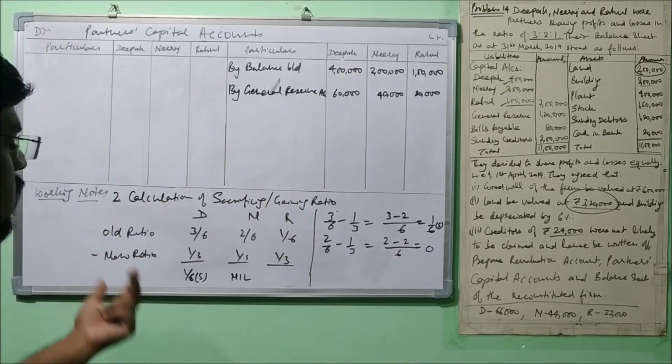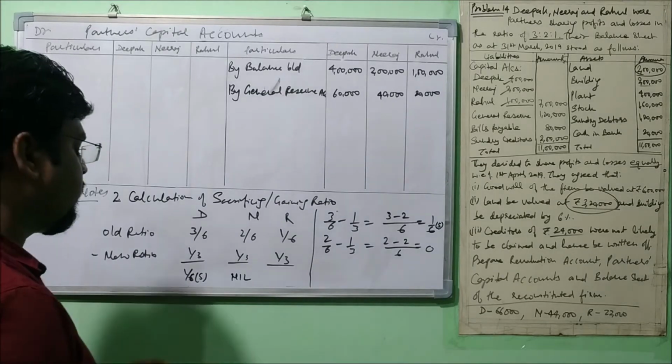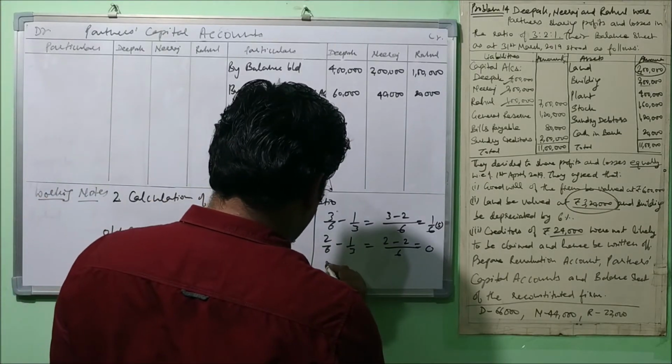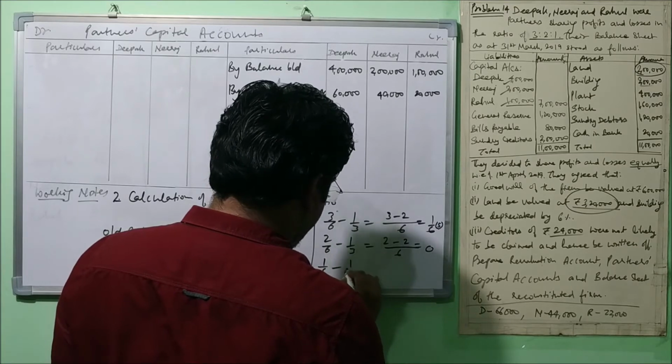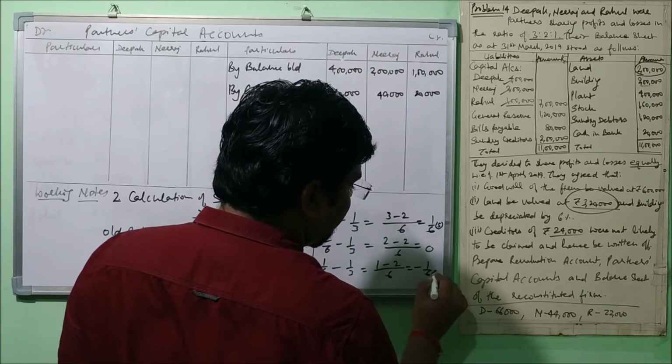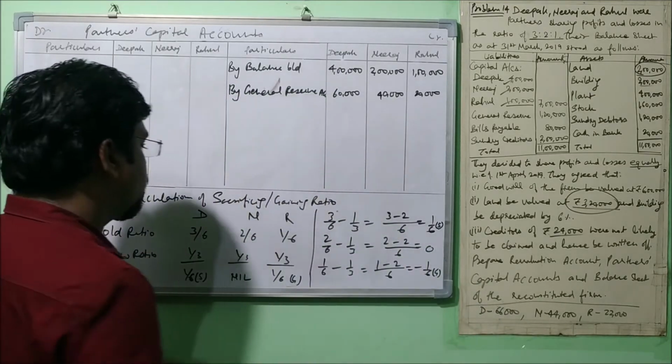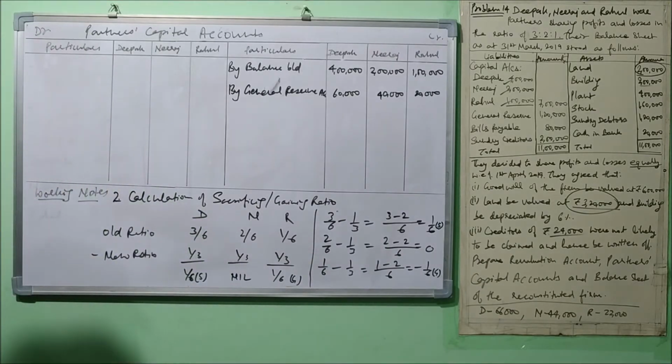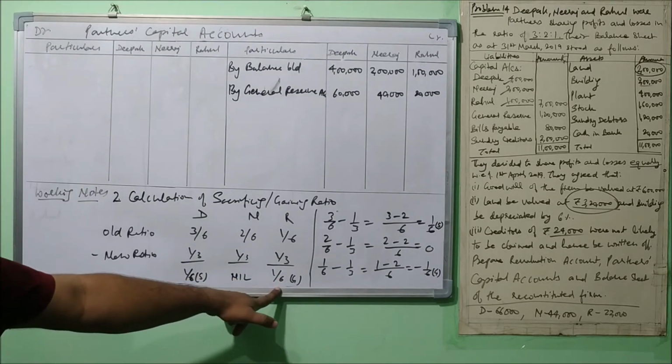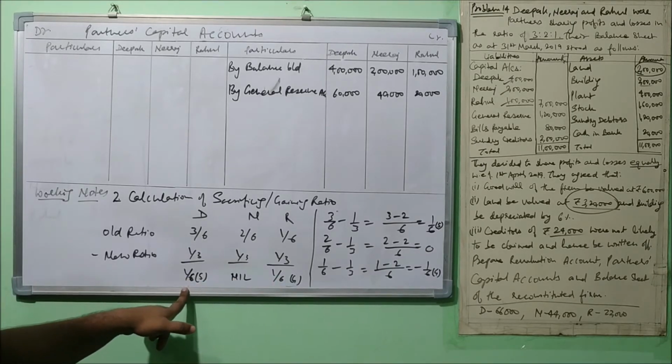So Neeraj neither gained nor sacrificed. Now for Rahul, 1/6 minus 1/3 is minus 1/6, which means he is gaining. So Deepak is sacrificing and Rahul is gaining. And what journal entry is passed, you know very well. Rahul's capital account will be debited and Deepak's capital account will be credited.